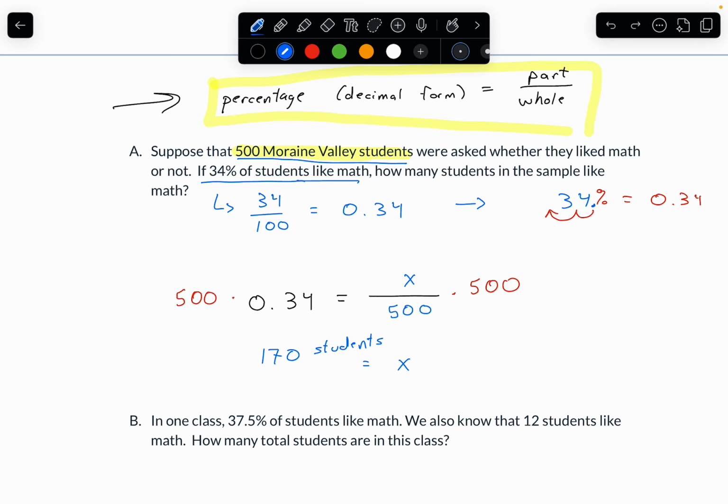But for now, if it gives you a little bit of structure and makes you feel more comfortable with these problems, by all means, continue to do that. But in general, most of the time, I'm just going to jump straight to taking the total times the percentage in its decimal form, and that'll give me that percentage of my total number.